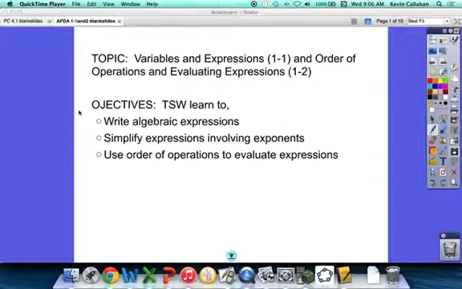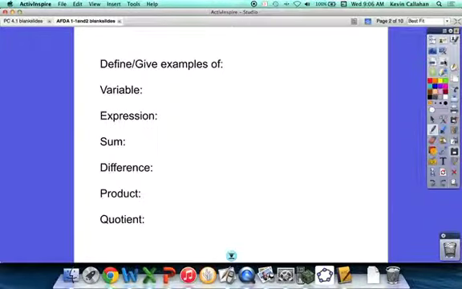So we're just trying to firm up all those things. These are the objectives. You're going to see they come from what would be considered the first couple sections in our little workbook. So let's remind ourselves of some vocabulary words.